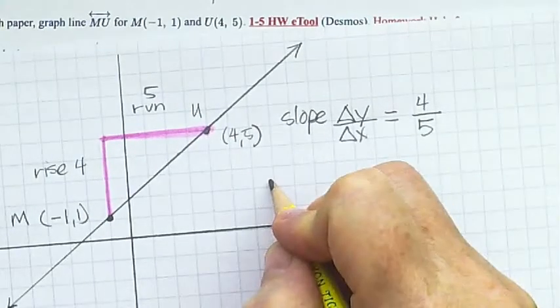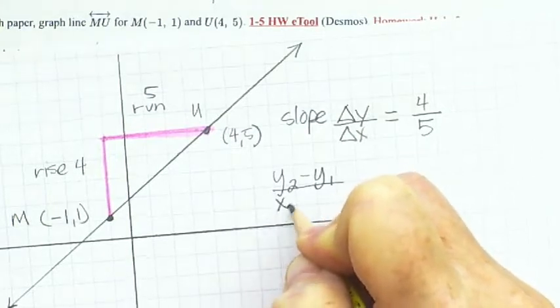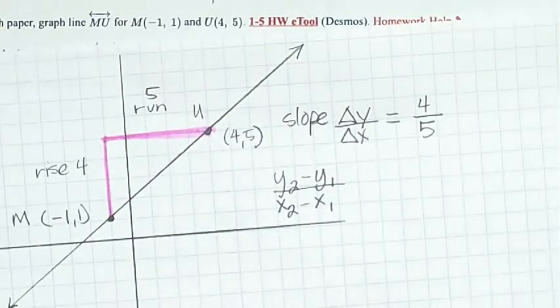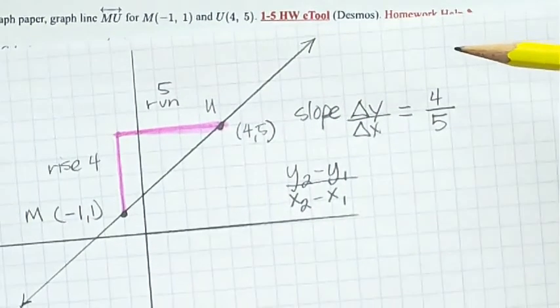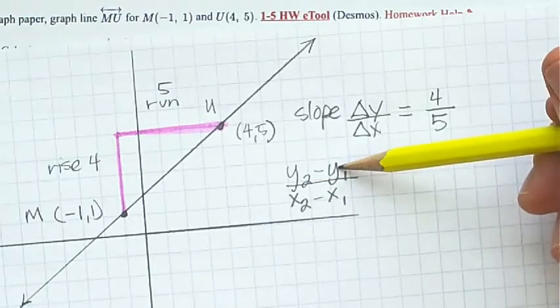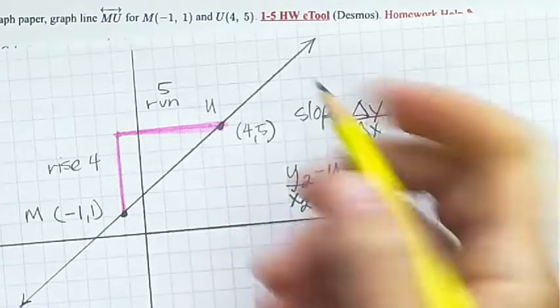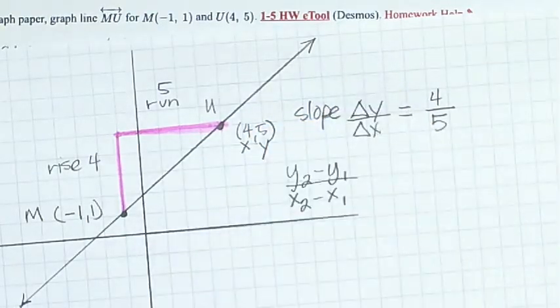Could you use a formula? Absolutely. If you prefer to do y sub 2 minus y sub 1 over x sub 2 minus x sub 1, that's fine; I'm not really sure what you did last year, so whatever way you want with me. If you do y sub 2 minus y sub 1, you're looking at the 2 y coordinates. Remember, the first number is your x coordinate, the second number is your y coordinate.